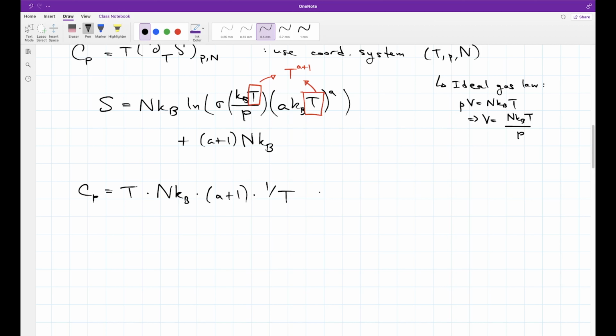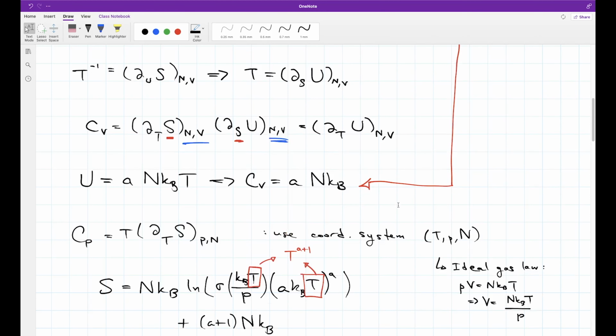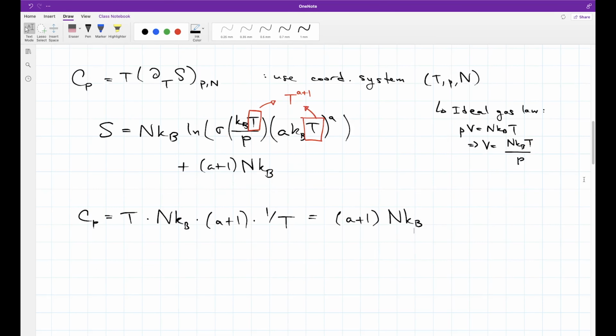And canceling out the T's, we once again get something that is T independent. So A plus 1 times N kB. All right. And that's maybe something I should have pointed out a little bit more clearly already when we did Cv.